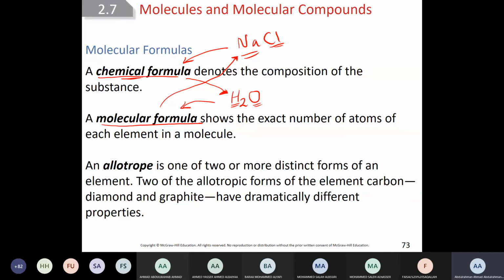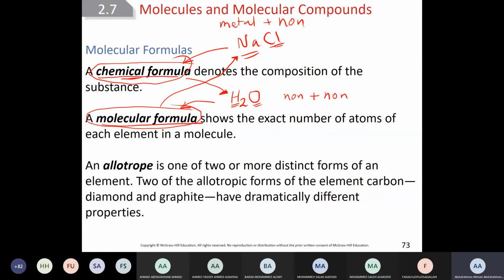So I want you to understand the meaning of chemical formula and molecular formula. Molecular formula, we use it for what? Nonmetal with nonmetal. And when we say chemical formula, what do you mean? Ionic compound. Metal with nonmetal.